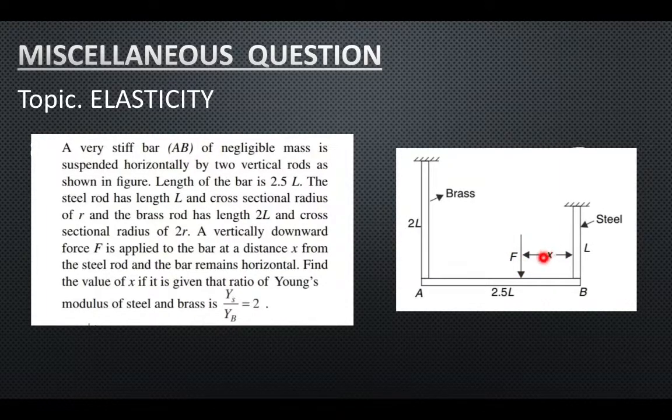We need to calculate the value of x such that the lower bar always remains horizontal, given the specified values in the question. You may pause the video and try it yourself, and then look out for the explanation in the same video.